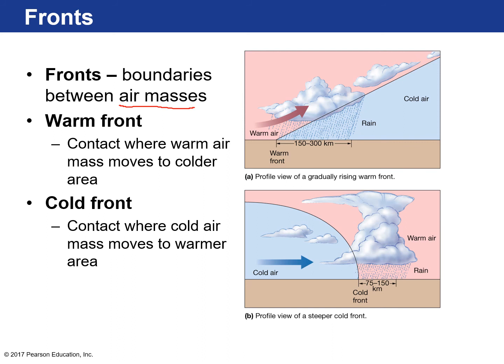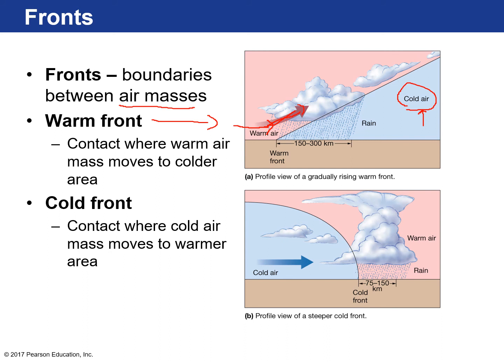So our first example is a warm front. What happens with a warm front is that you have a warm air mass moving in this direction, and it collides with a colder air mass. Because the colder air mass is more dense, it basically pushes the warm air mass upwards. And as the warm air mass is pushed upwards, all the moisture it contains condenses because it cools down, and then you get rain.